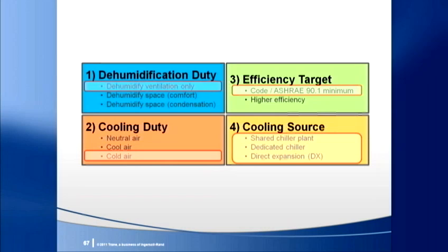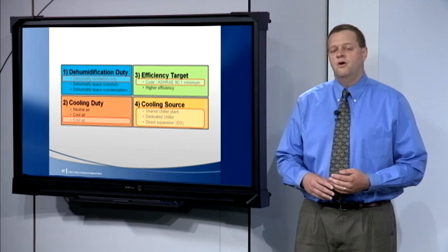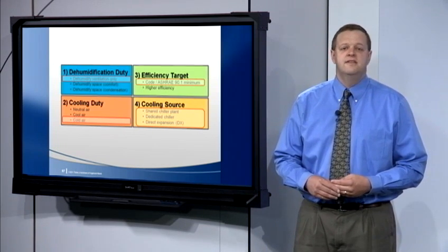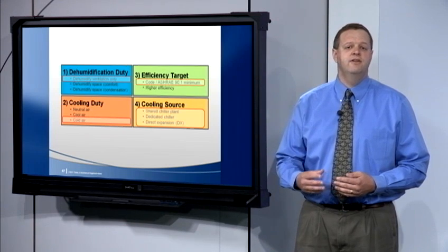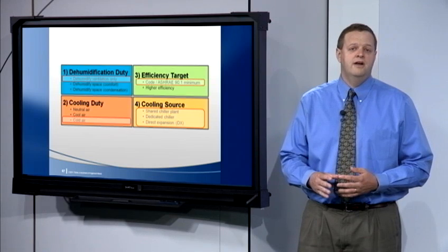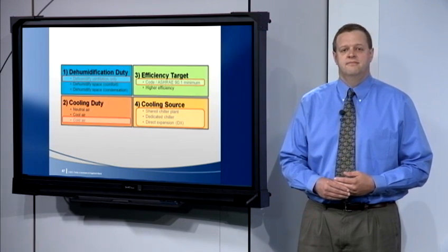And as Paul mentioned, to meet ASHRAE 90.1, exhaust air energy recovery will likely be required for many applications. In this case, when the unit is dehumidifying to remove only the ventilation load, not to remove space latent loads, this can typically be done with a 55-degree leaving coil temperature. Either DX or chilled water can do this, so the cooling source probably is not critical here.